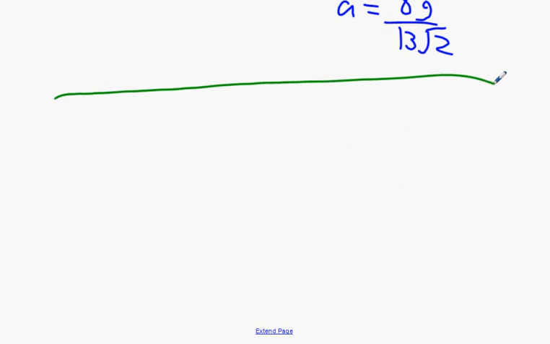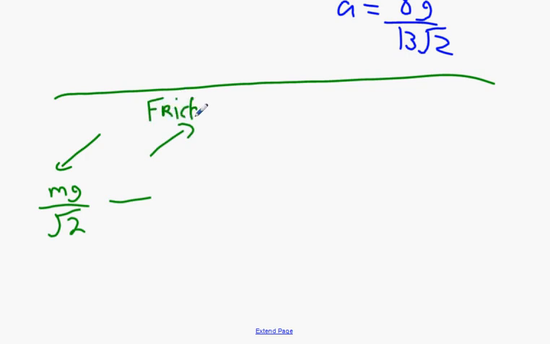Okay, so what we get here is this, guys. We have this driving us down the hill, which is our component of our weight, our mg over root 2 that we spoke about earlier. What we have trying to keep us up the hill is the friction working against it, and we said that that's mu R, which in turn is mu times mg over root 2. Now, please remember, that's your net force, isn't it?